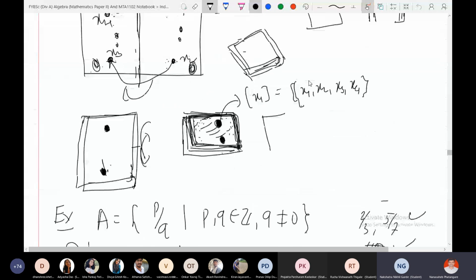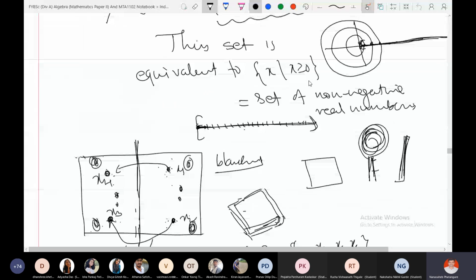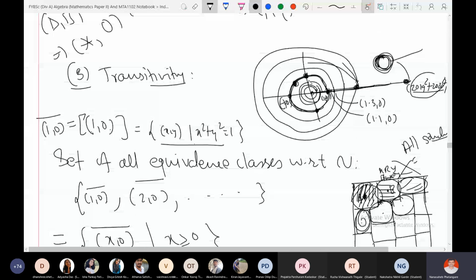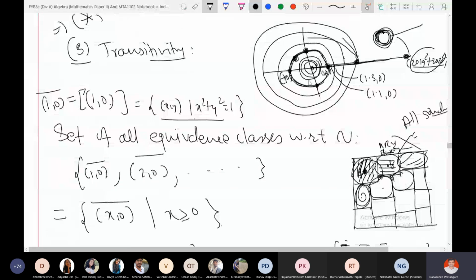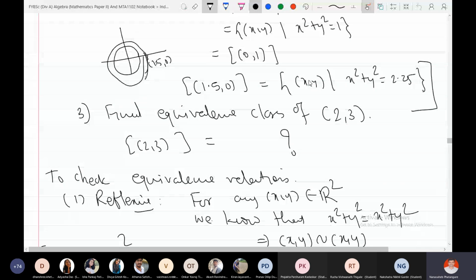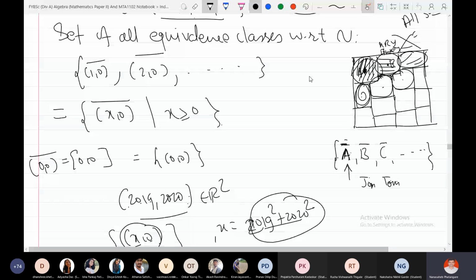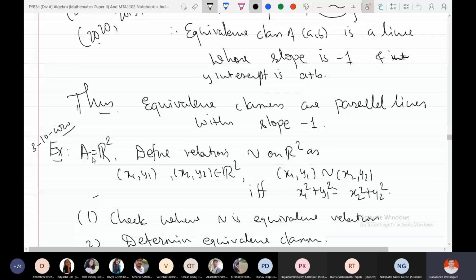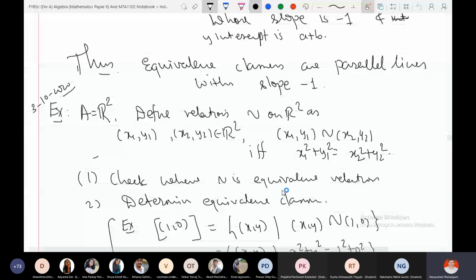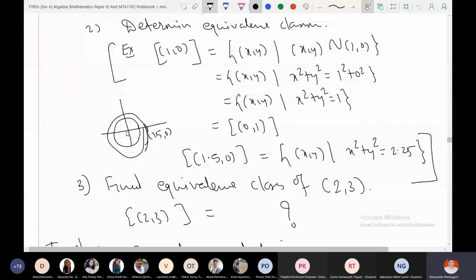Yes, and we tried to understand various equivalence classes for a particular relation, right? So we saw this relation on R2. R2 means plane. Two points are related if the sum of squares of components are equal, and classes are circles. And how many circles?